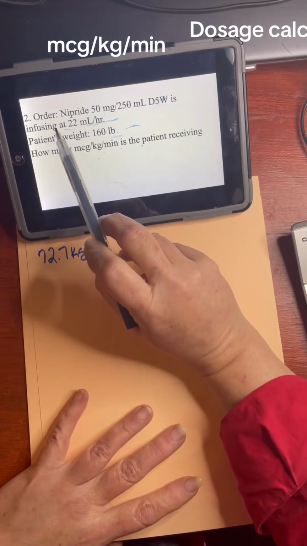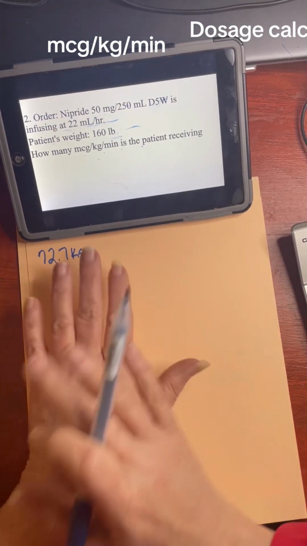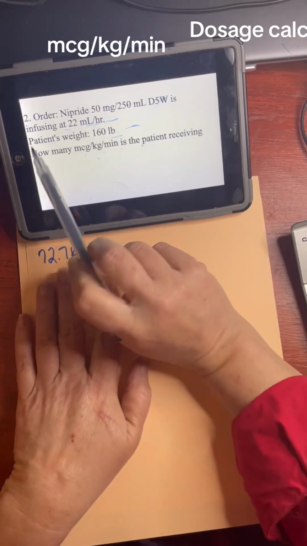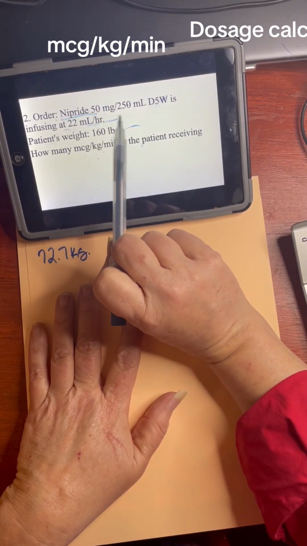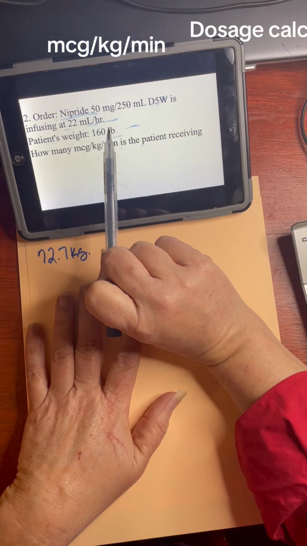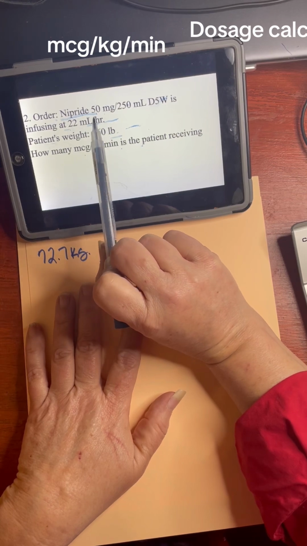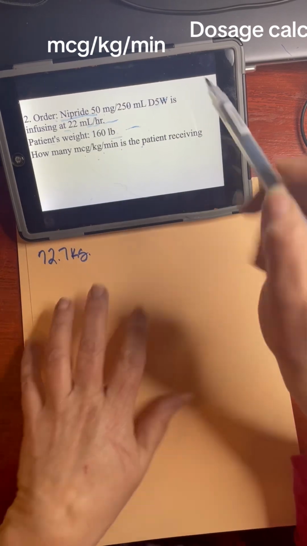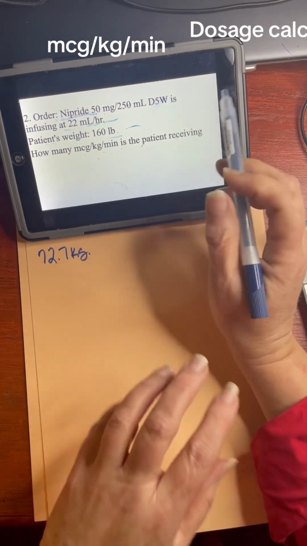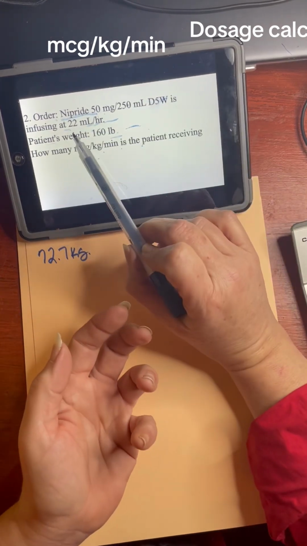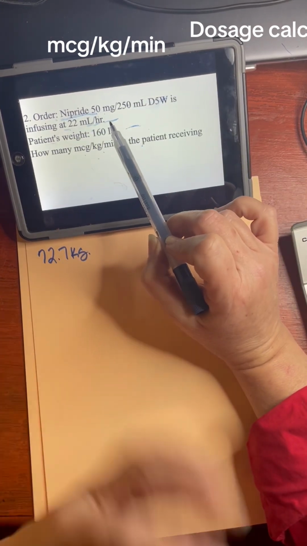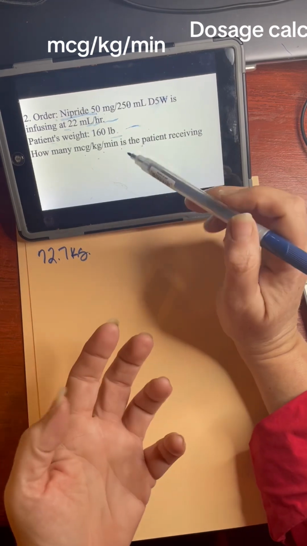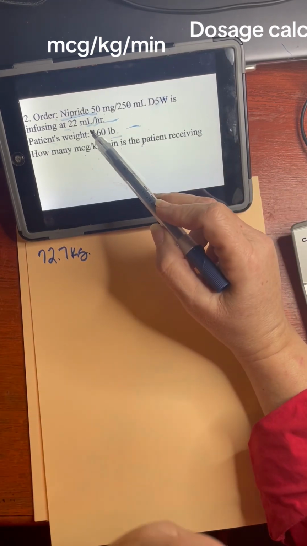All right. Now we've got that, but we don't need it right now. We have Nipride going at 22 milliliters an hour, and a bag of 50 milligrams per 250 milliliters hanging. The 22 milliliters an hour, who wanted that? I didn't. The doctor did.